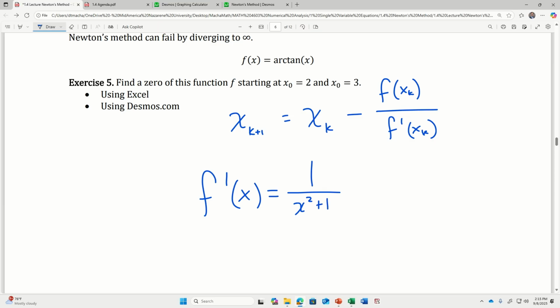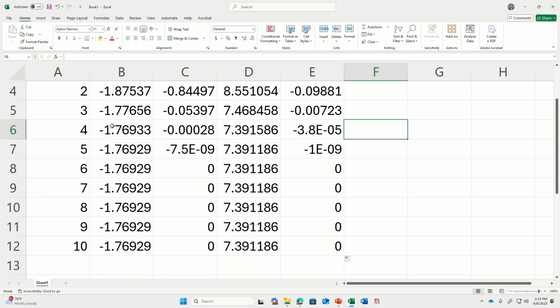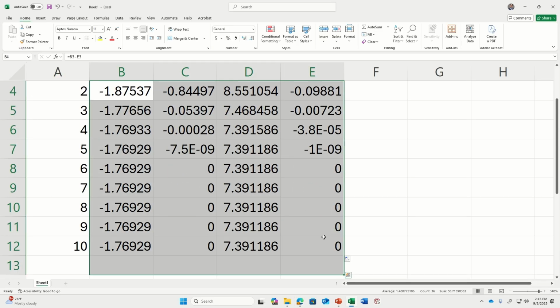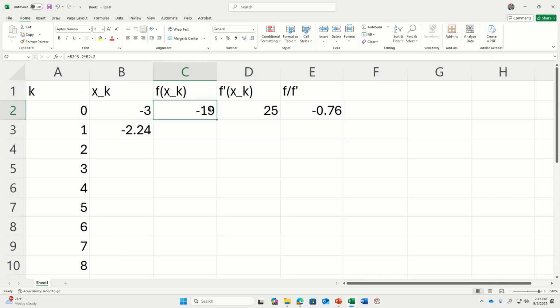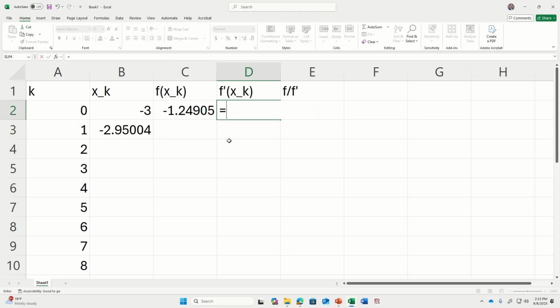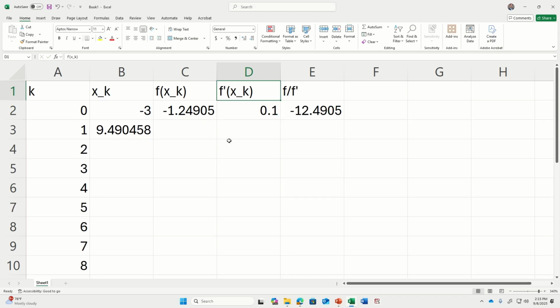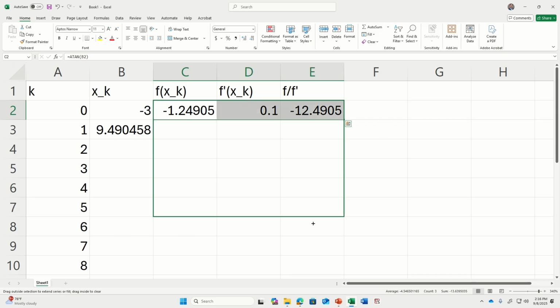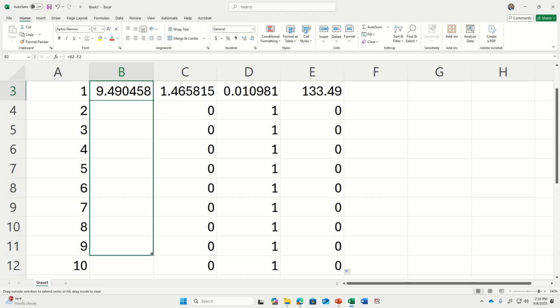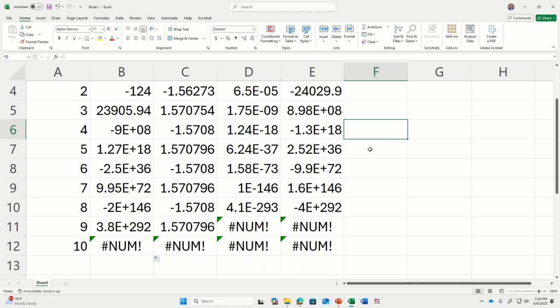So I'm not going to do this one by hand, but I'll do it in Excel for you. And in Excel, I just need to go back here and change my function to be equals arctangent of x. Like that. Arctangent in Excel is just atan. And then for the derivative, I need 1 divided by x squared plus 1, like that. And then I can just select my formulas, pull them down. And what do you notice?